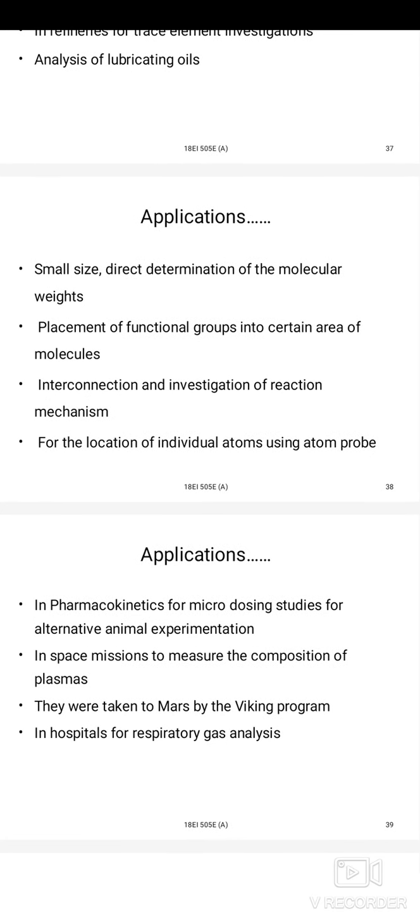Small sample size, direct determination of molecular weights, placement of functional groups in a certain area of molecules, interaction and investigation of reaction mechanisms. Location of individual atoms using atom probe.